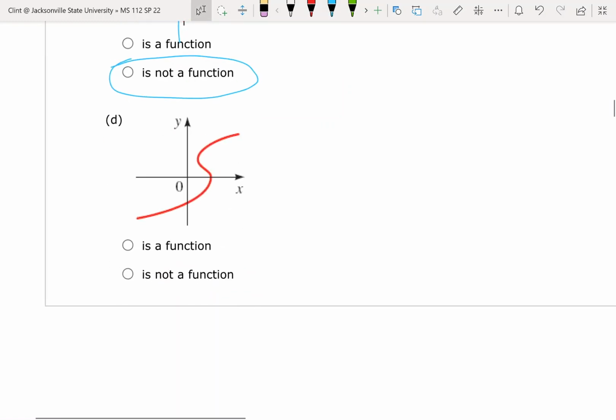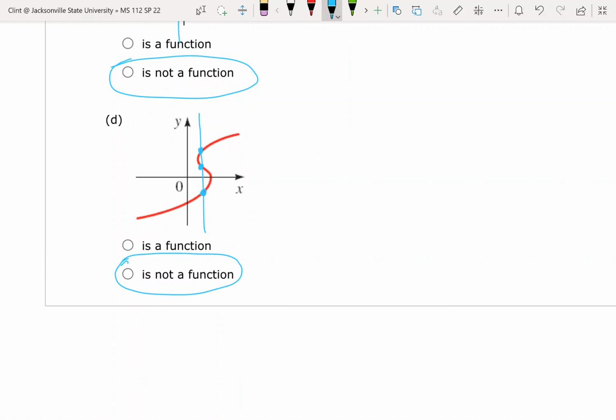What about D? Maybe it's a little bit harder to tell on the screen, but somewhere in there I would cross it multiple times, so that one's not a function.